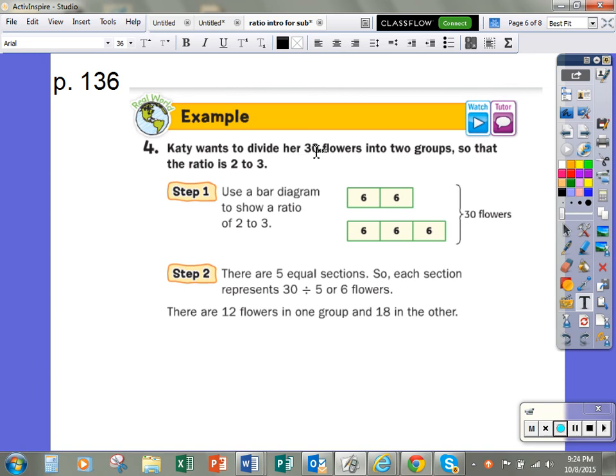So I know that 2 plus 3 is 5, so I need 5 groups, so that means 6 in each group. And to have a ratio of 2 to 3, I would put 2 6s here and 3 6s here. And I could draw it using the bars that we have used in other types of modeling. So for the total, I would have 12 of this type of flower and 18 of this type of flower.